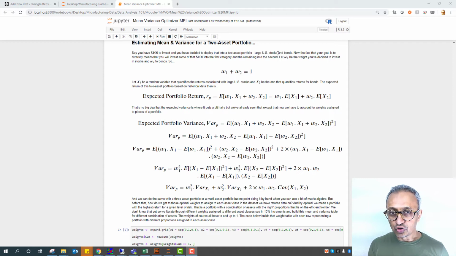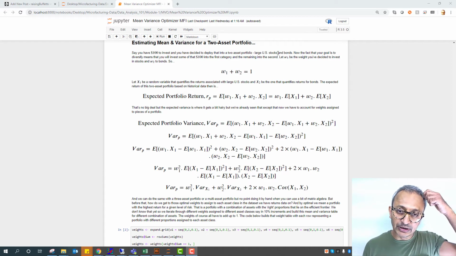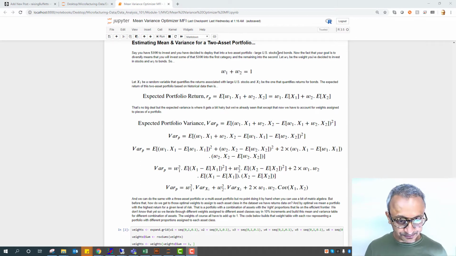Technically, the weights you assign to each asset class have to add up to one, because you're going to split that $100 into two pieces, and the percentages assigned to each piece have to add up to one.